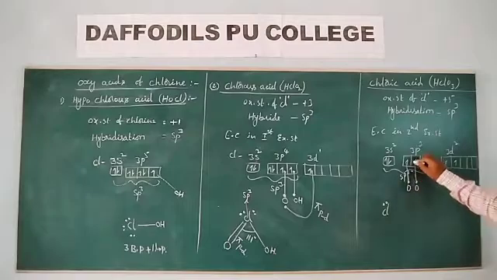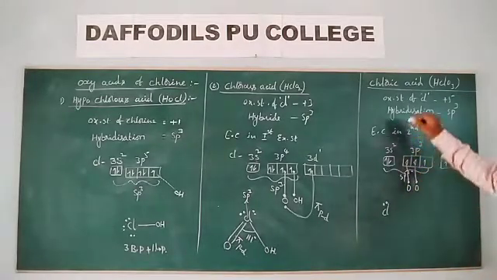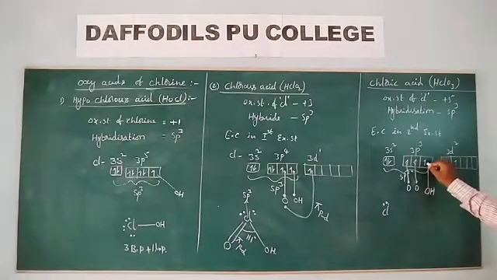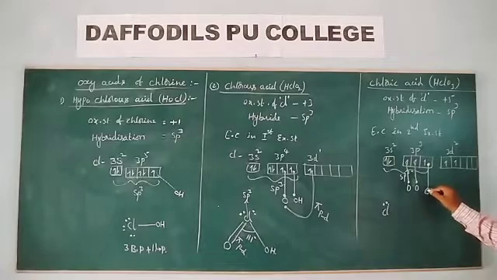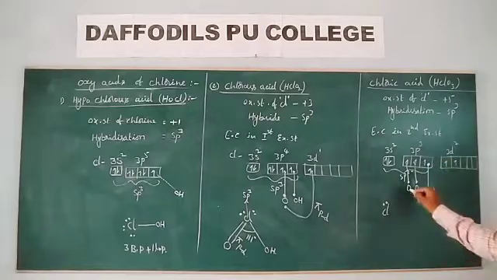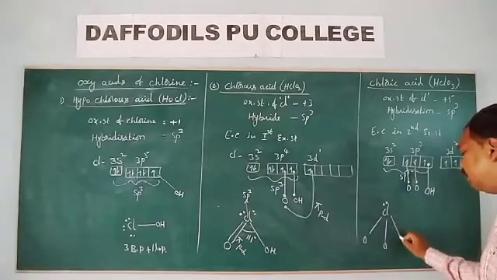Another oxygen's unpaired electron bonds with a hybrid orbital. One of the oxygens is in the form of an OH group, and that oxygen's unpaired electron bonds with an sp3 hybrid orbital of chlorine. Here you will get a molecule like this.